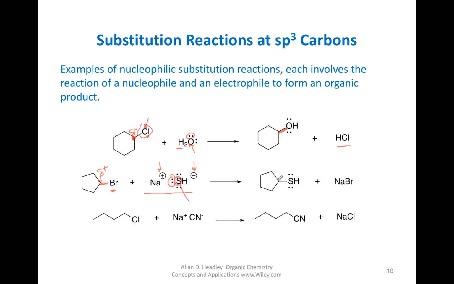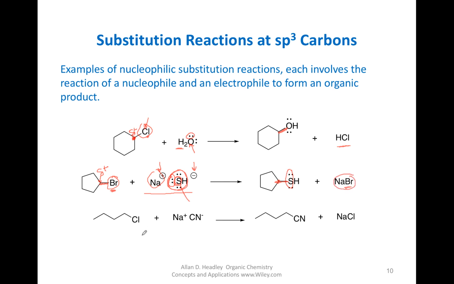So it will form a bond to the carbon in the form of SH. Notice the entire group is coming along, but the bond is really made to this sulfur. And of course the bromine comes off as a bromide and forms a salt with the sodium cation to form sodium bromide.